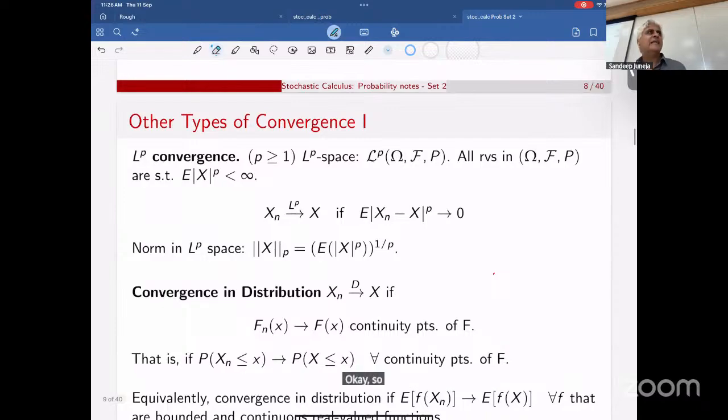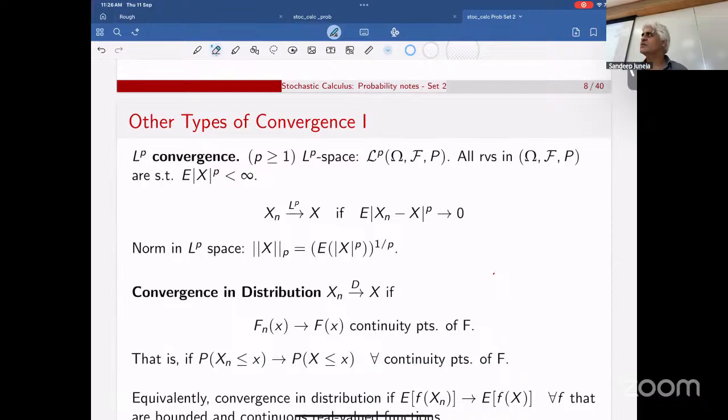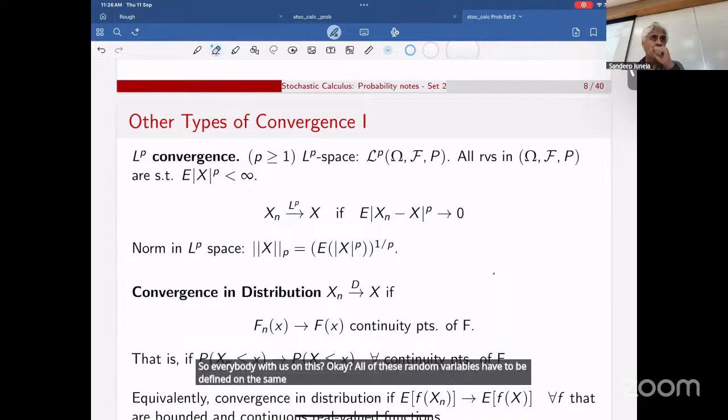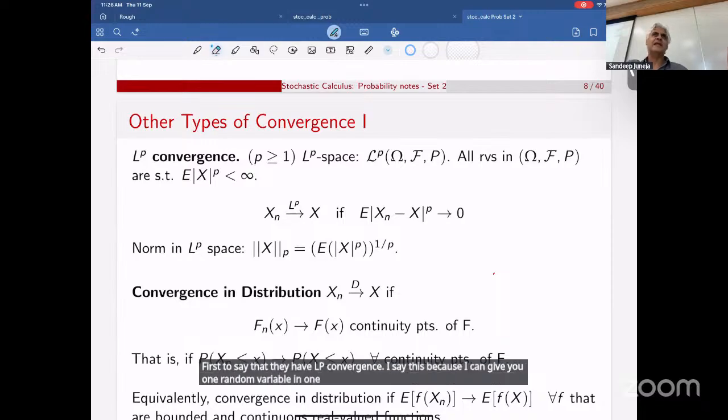Okay, so we understand LP convergence, right? L2 convergence is going to be most important. Everybody with us on this? Okay. All of these random variables have to be defined on the same probability space for us to say that they have LP convergence. I say this because I can give you one random variable in one space, and other random variables in some other space, and still say that they are similar in some sense.